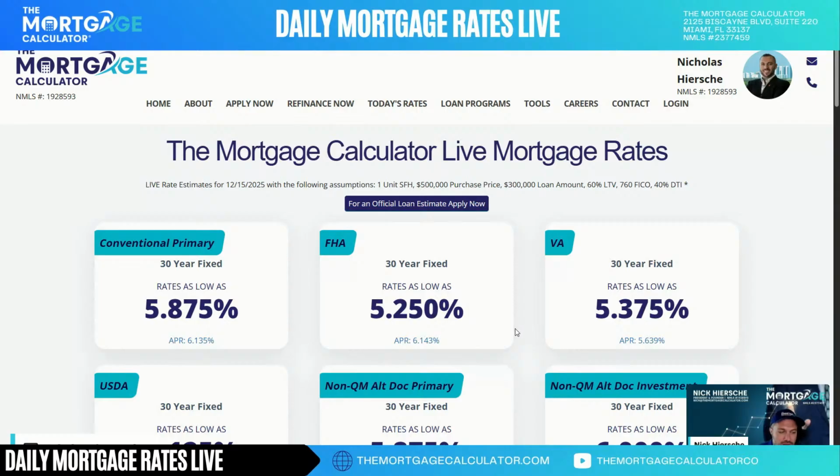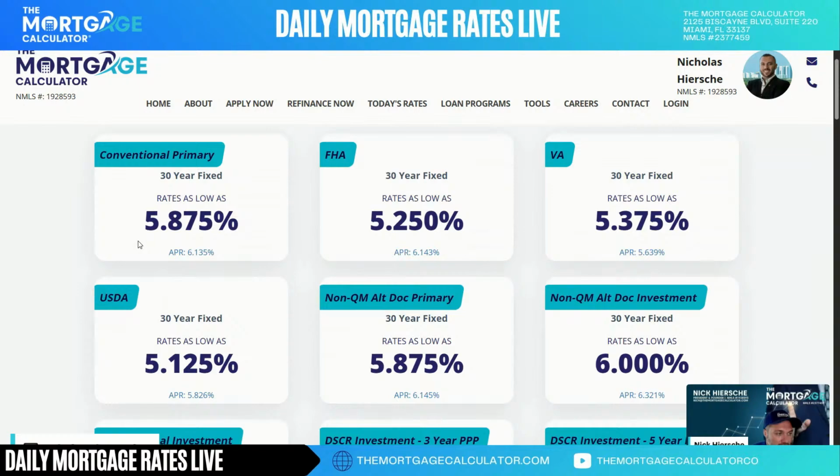So always look at the APR so you can compare the full cost, because that includes all of the fees and mortgage insurance. And for eligible vets, active service members, and surviving spouses, VA is a great option. Rates today come in as low as 5.375, but much lower fees than FHA when you're comparing there. So the final APR is 5.639, definitely typically the best option for any of our eligible VA borrowers.